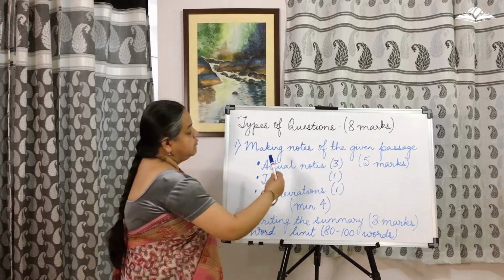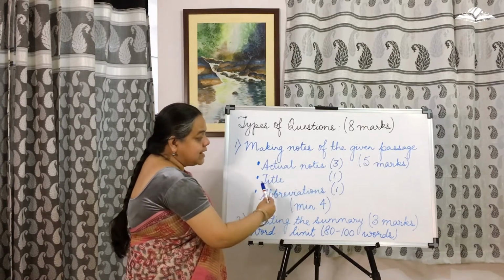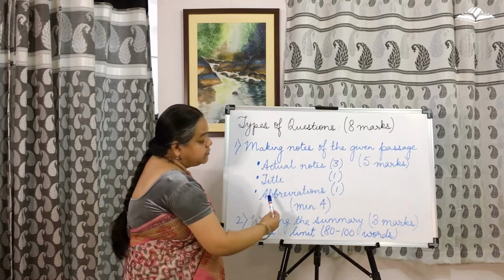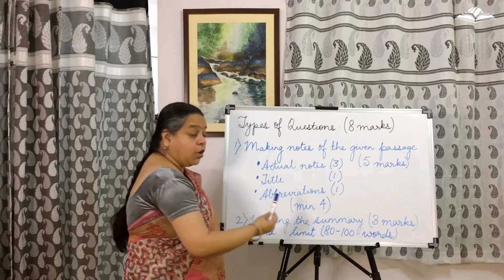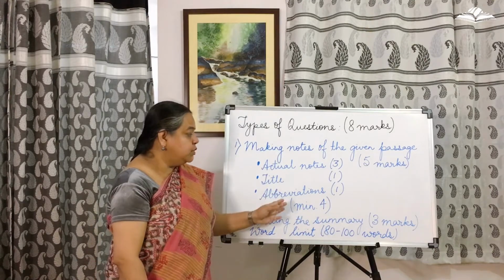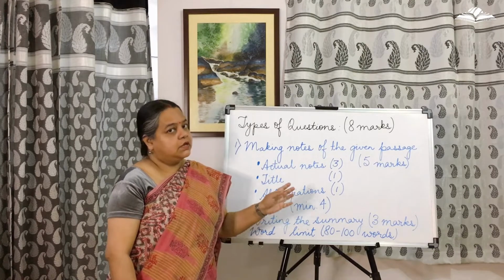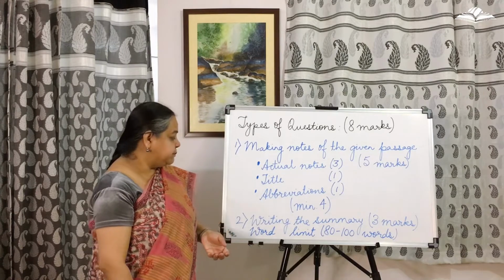You can see the actual notes carry 3 marks. The title of the passage will carry 1 mark and abbreviations that you are using will carry 1 mark. Always remember that you need to use a minimum of 4 abbreviations. The list can be endless as and when you want.